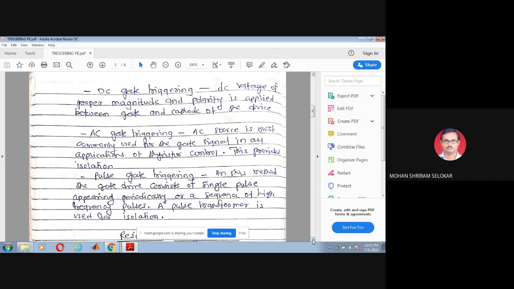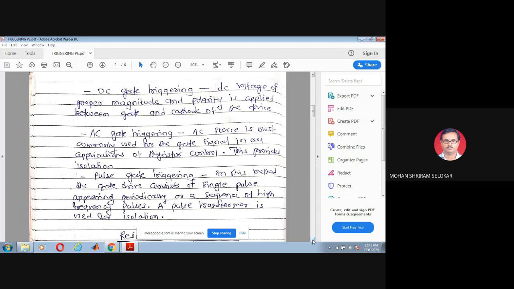Suppose we want to turn on the SCR in the positive half cycle only, not in the negative. It's okay. You can apply the AC voltage, the same AC voltage which is applied between the anode and cathode, to turn on the SCR.